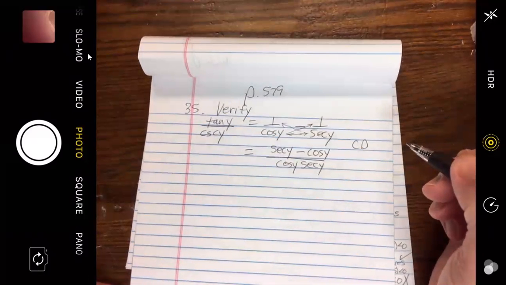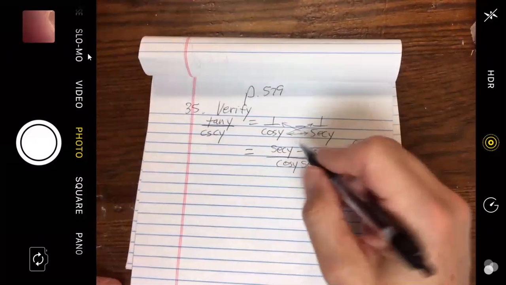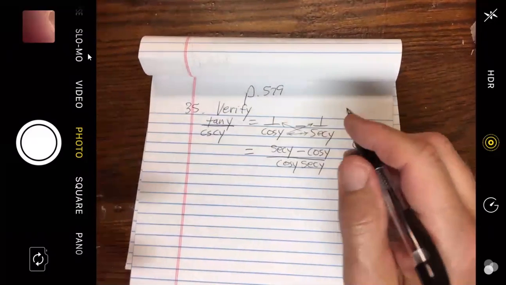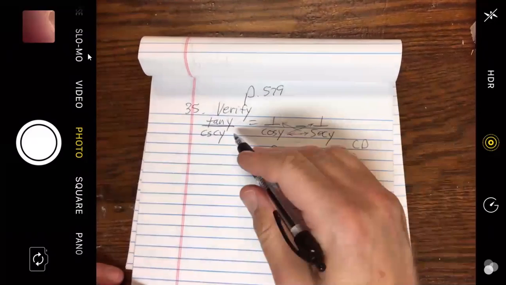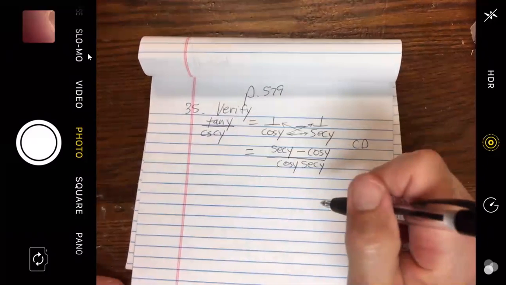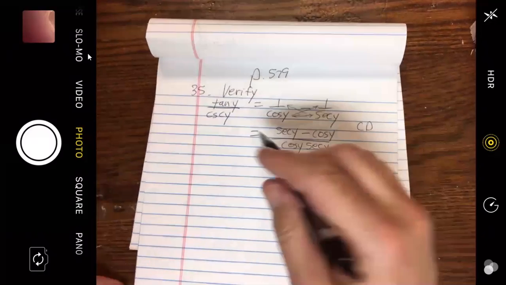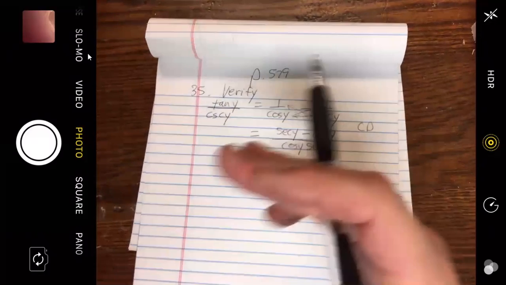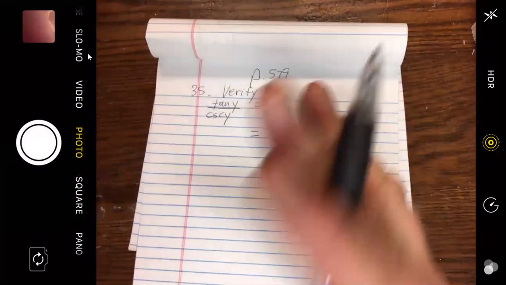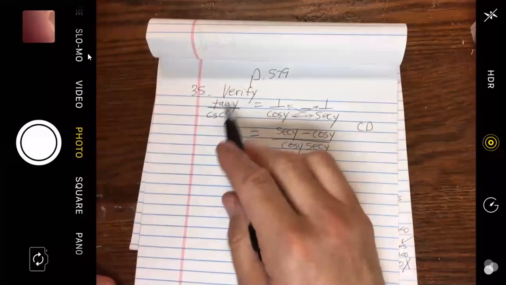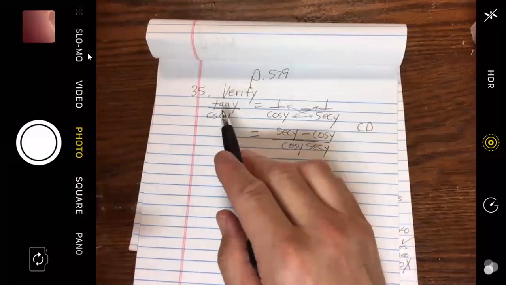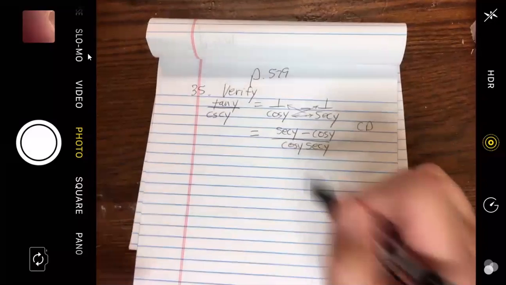Okay. I'm just taking a look at this, and I'm trying to turn this into this. Preference is to work on one side, trying to turn it into the other. I've done a million of these. I have a crystal ball in my head, and I don't really see turning this into this yet.